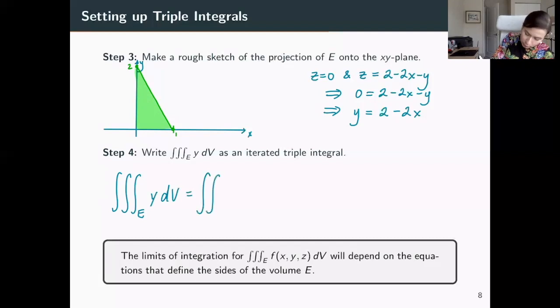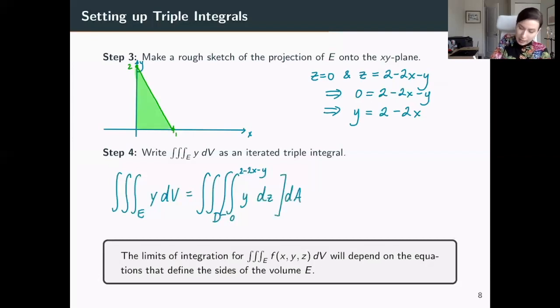Our work on the previous slide let us know that we needed to set this up as a double integral of the integral from 0 to 2 minus 2x minus y of y dz, and then our dA. So the problem now is to figure out what the limits of integration on these outside integrals are going to be.